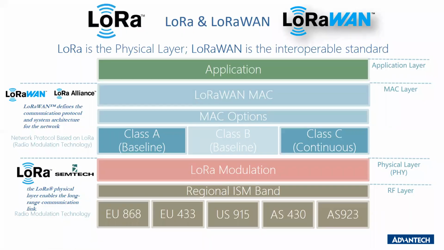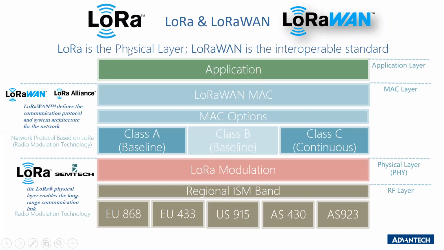Okay, we'll talk about the technology here. If you were to Google LoRaWAN, you could get confused, unfortunately, because it can be confusing. Let me just make it really clear. You'll hear about LoRa, L-O-R-A.